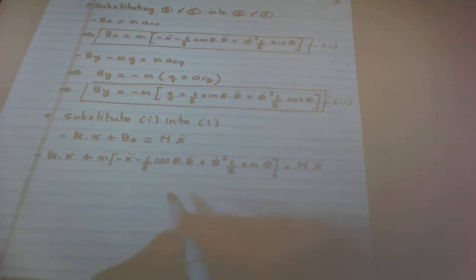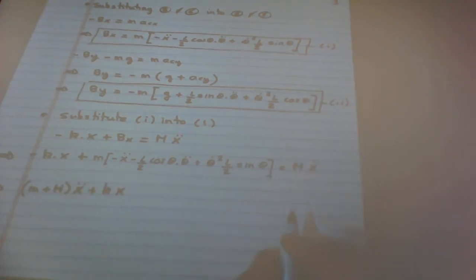So if we simplify that expression here, let's try to combine this one. We should get little m plus capital M x double dot plus kx. You see I'm moving everything to the right hand side, plus kx plus, let me factor out this L over 2 with the m, so we are done with this one, plus mL over 2. Now I need to be careful here.